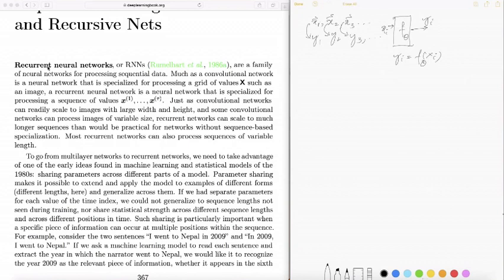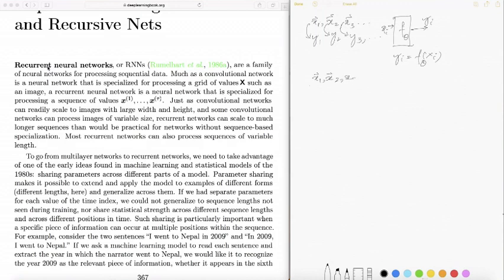Now the setup is a little bit different. We don't have these x1, x2, x3 to be independent of each other. We have these as a sequence, so there is some relationship between these.